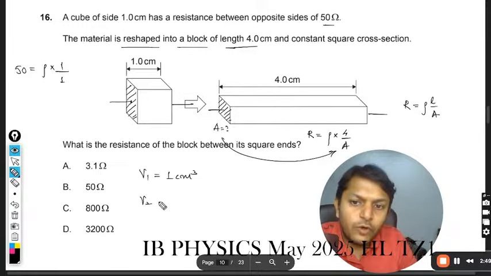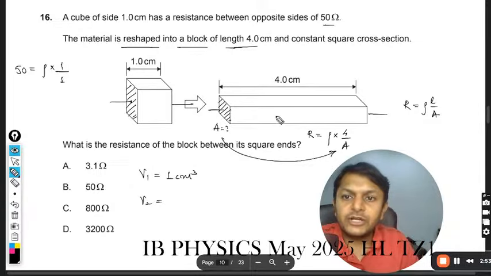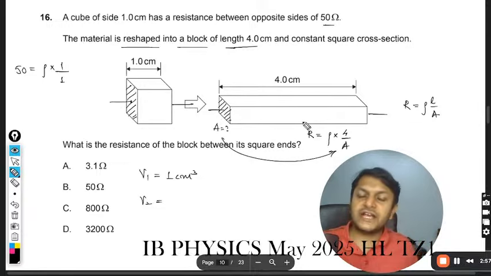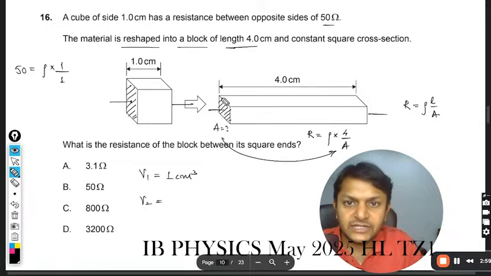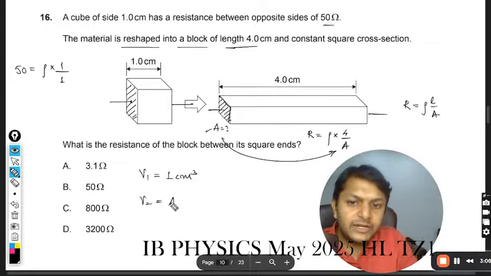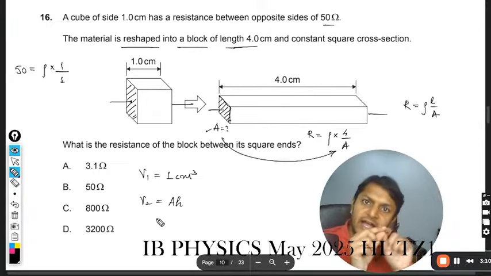And what about the volume of the second rod here? Because this is a cuboid and it has a constant cross-section area, but the length is not the same. The breadth is different, the height is different, but we don't care. We just take it as A. The volume here can be written as A into H, isn't it? The cross-sectional area and the length.